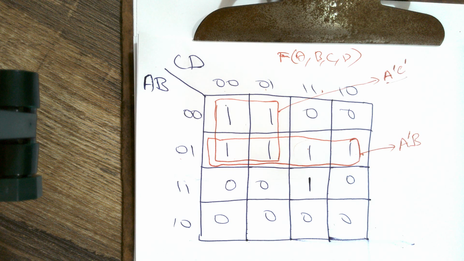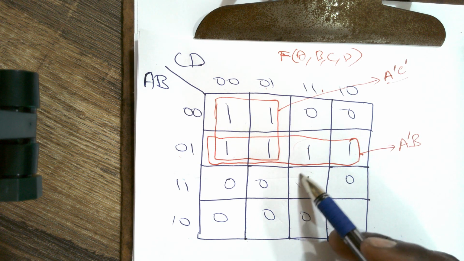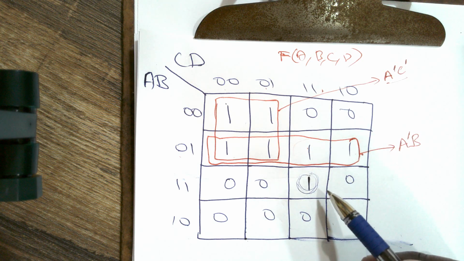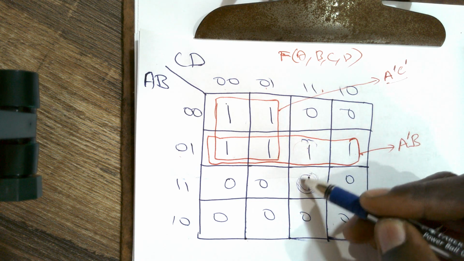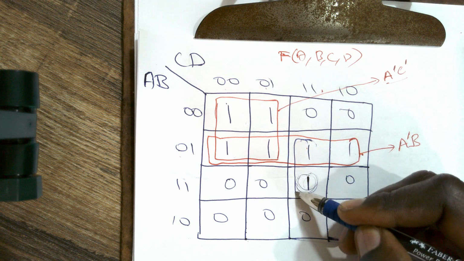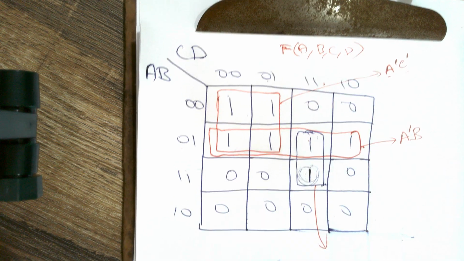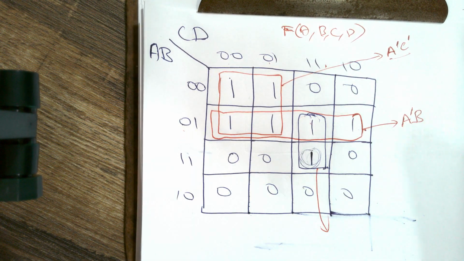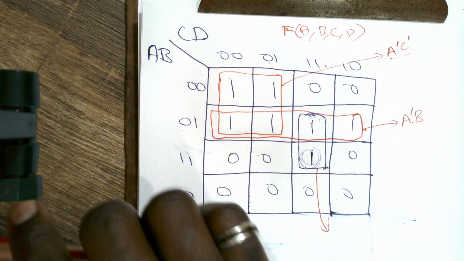Now the last thing is we have an uncircled one here. It makes no sense circling this one by itself because it's going to give us a 4 variable expression. But if we include the circled one in a circle with that one, it's going to give us a 3 variable expression. So let's go ahead and do that. The expression for that is the same procedure. We look vertical and we look horizontal. Let's look horizontal first.